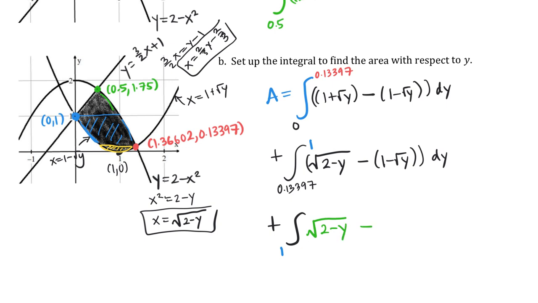Minus the lower curve is this line right here, which in terms of x was the 2/3 y minus 2/3. And I'm doing this with respect to y. Okay, so I went from y equals 1, and then here the y value is 1.75.